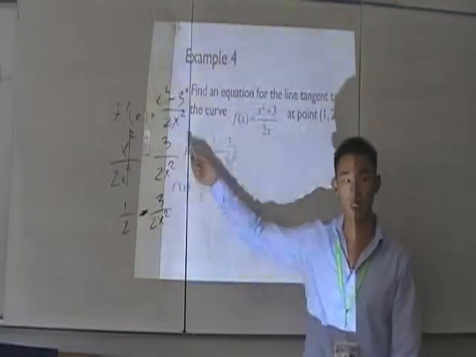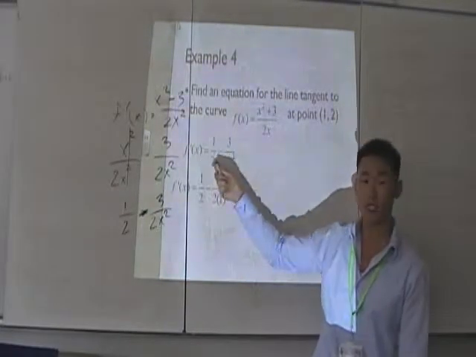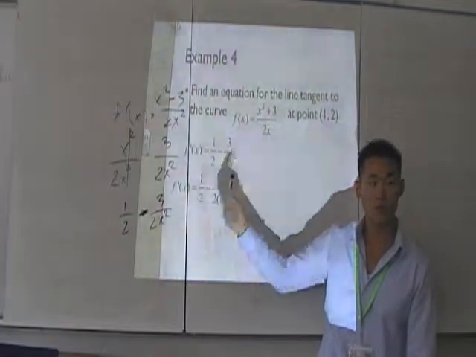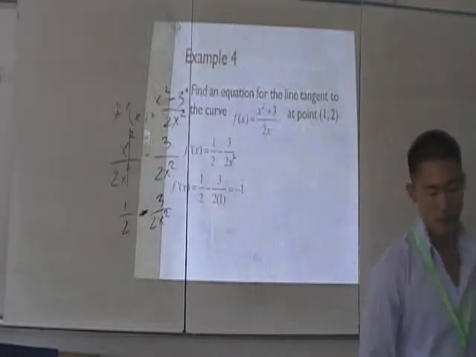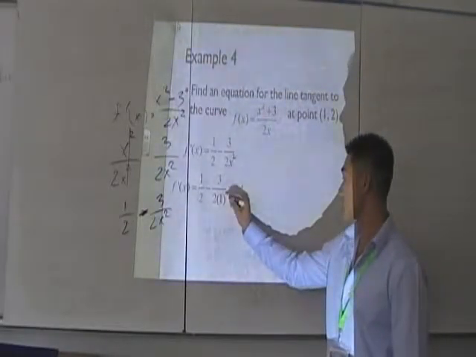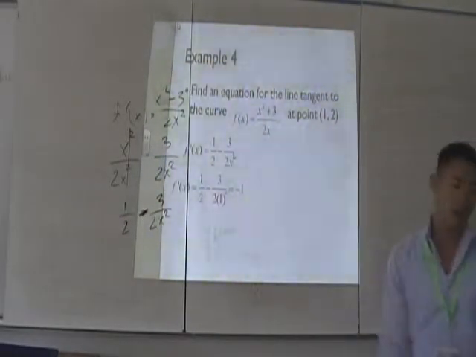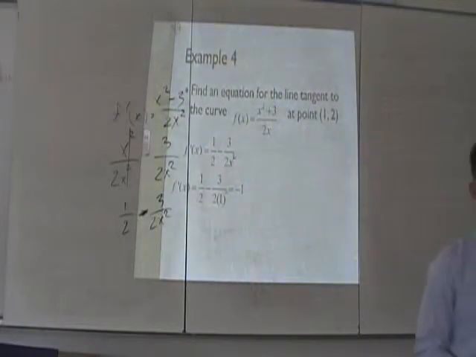No, because these two are equal. I'm just answering the question of how I got this. Alright, so you plug 1 into x, and this should be a squared, but it doesn't change the value. Alright, what's negative 1? Slope.